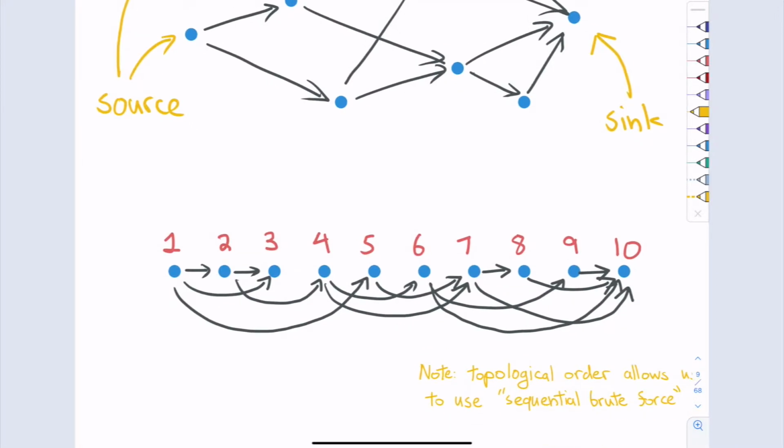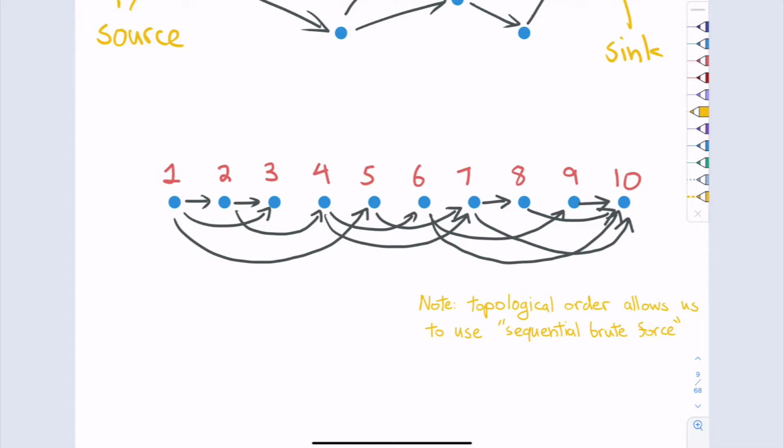All right. I'll only comment for the moment. We'll discuss this in greater detail in upcoming lectures. The fact that we can take a DAG and give some kind of sequential ordering to the vertices suddenly makes it much more amenable to the kind of techniques we use for edit distance and other sequential optimization problems.